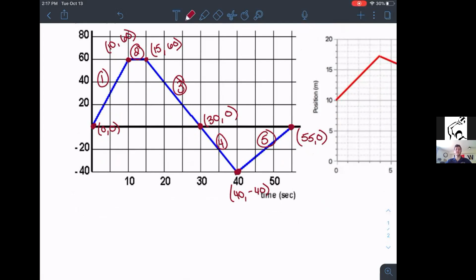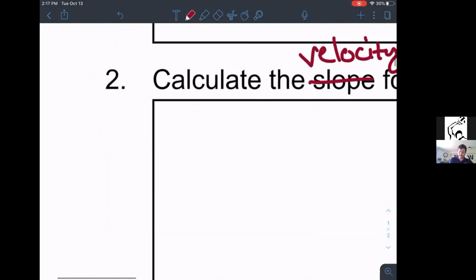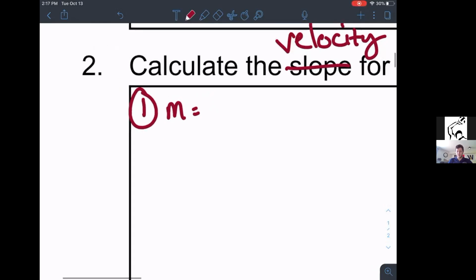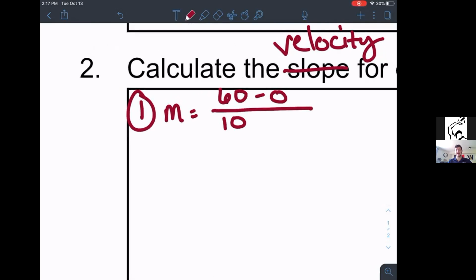So now that we know our points, we are going to calculate the slope. So if I calculate the slope for 1, it's going to be my y2, which is going to be 60 meters, minus my y1, which was my origin, or 0 meters, divided by my x2, which was 10 seconds, minus my x1, which was 0 seconds.